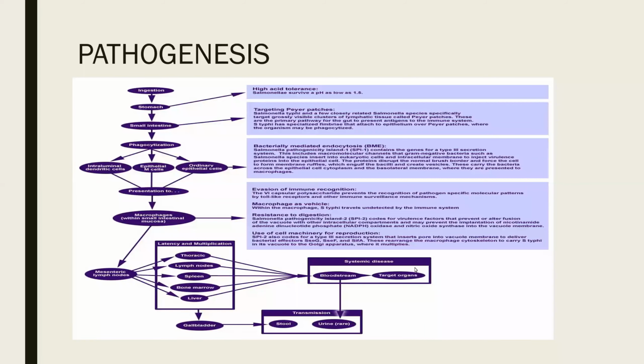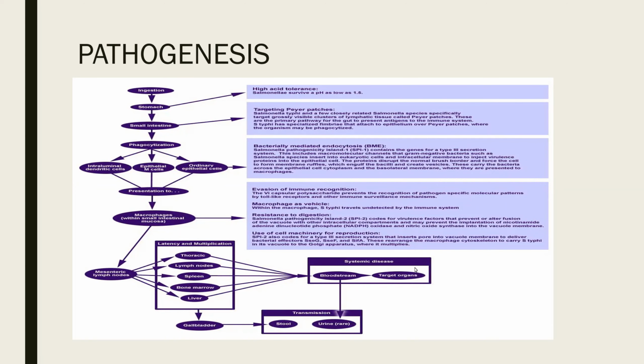Now, other things you will look at in terms of evasion of the immune system: we talked about the fact that Salmonella typhi has 3 antigens, antigen O, antigen H, and antigen VI.